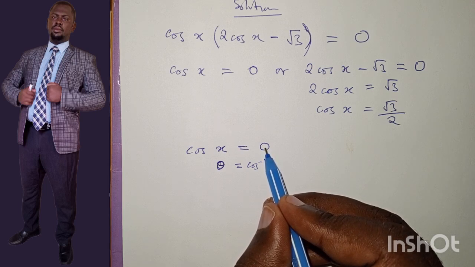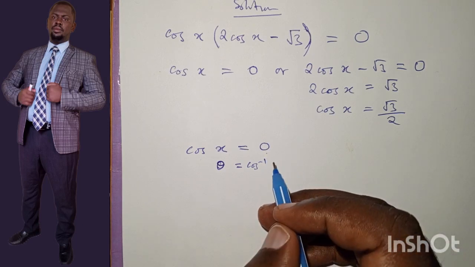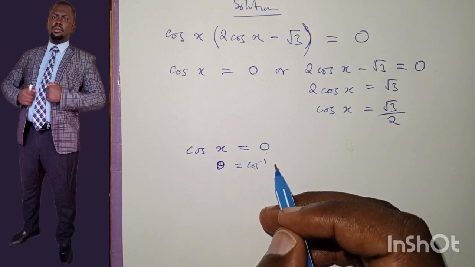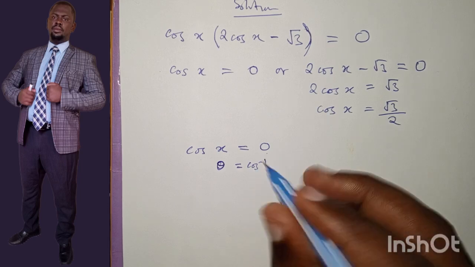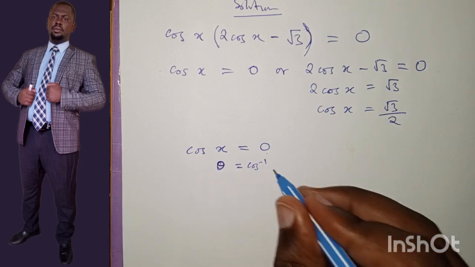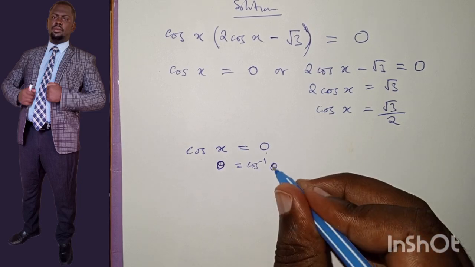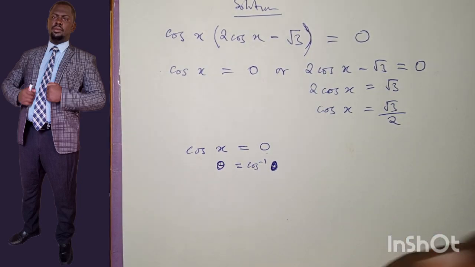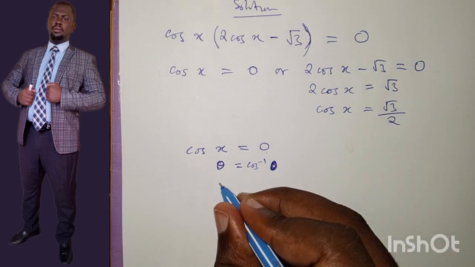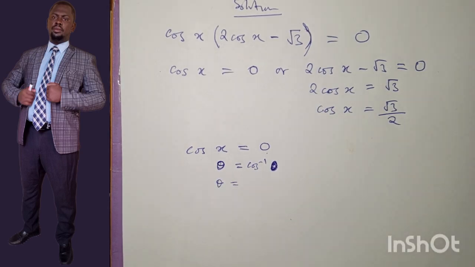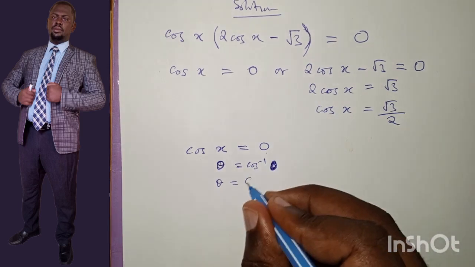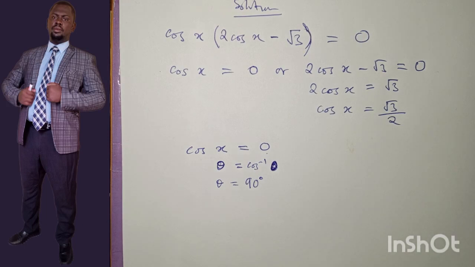Even if it's negative, you just get a positive value. But in this case, it's just positive. So theta is equal to cos inverse of 0. Okay, and what is cos inverse of 0? Cos inverse of 0 is 90 degrees. So theta is equal to 90 degrees.